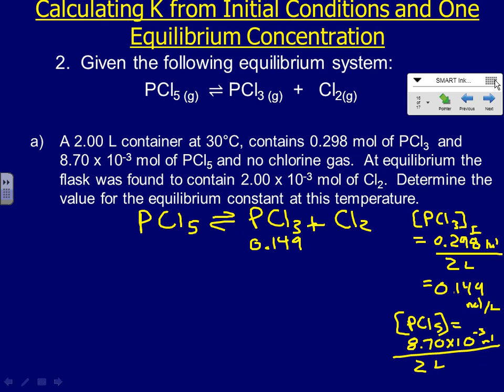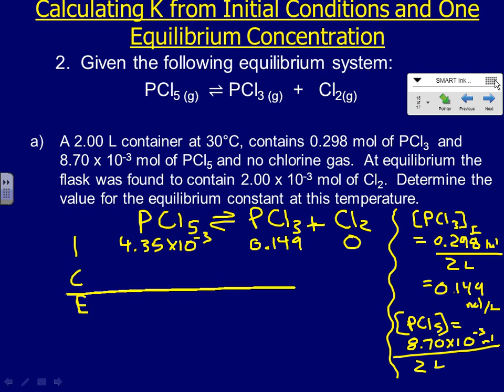What do you got? 4.35 times 10 to the minus 3. And how much Cl2? 0, right? Excellent. There's my I line.